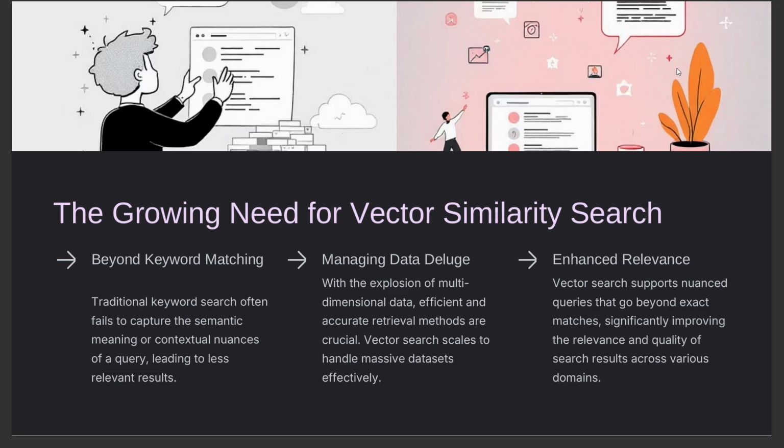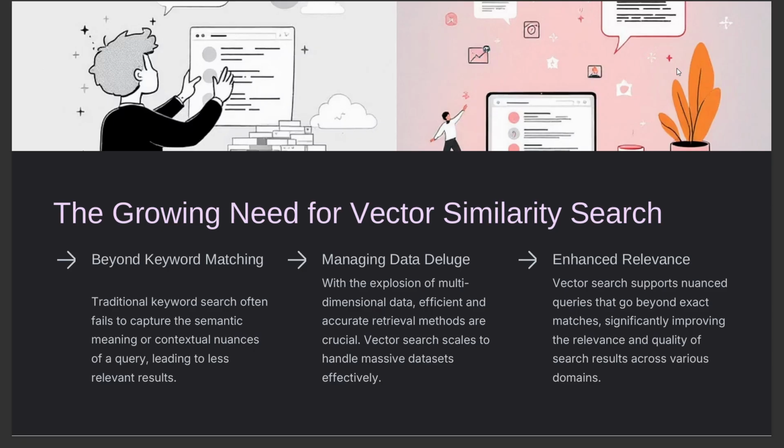Second, managing data at scale. We are living in an era of massive data from social media, sensors, IoT, and interconnected systems. This data is multidimensional and unstructured. Vector search provides a scalable solution that can handle millions or even billions of data points efficiently.